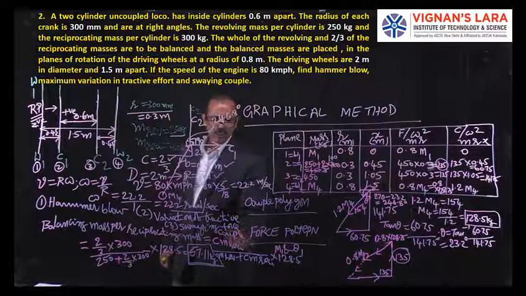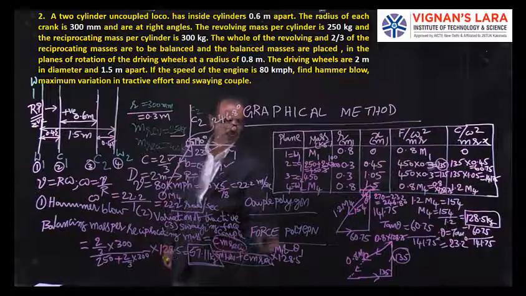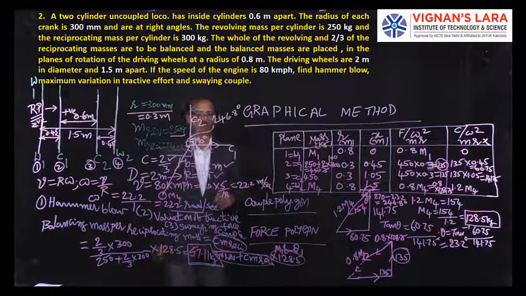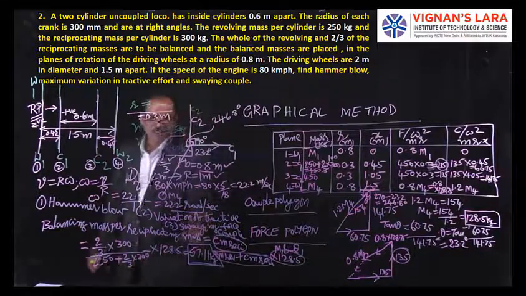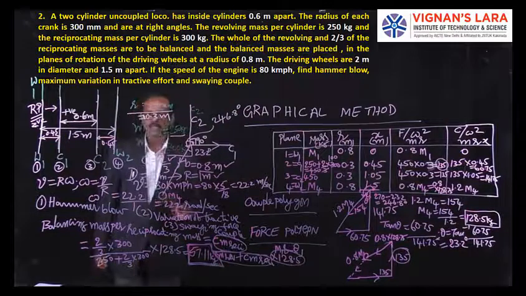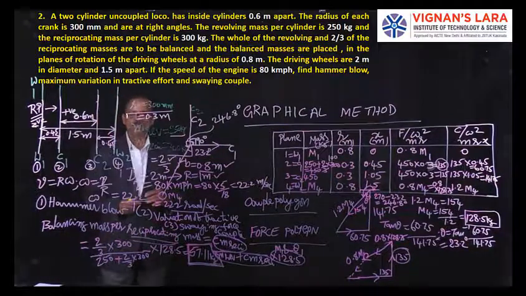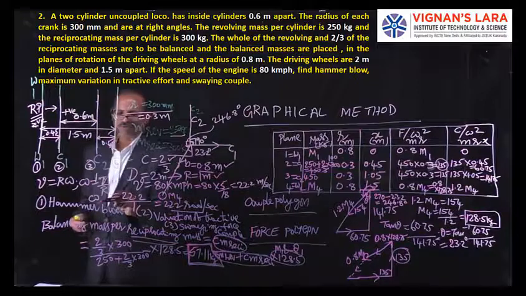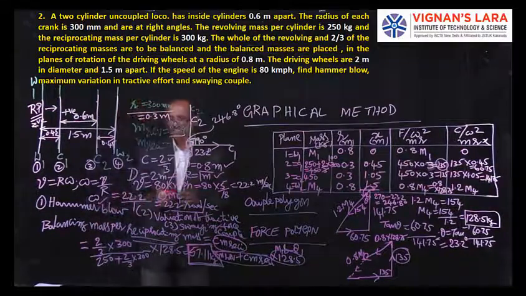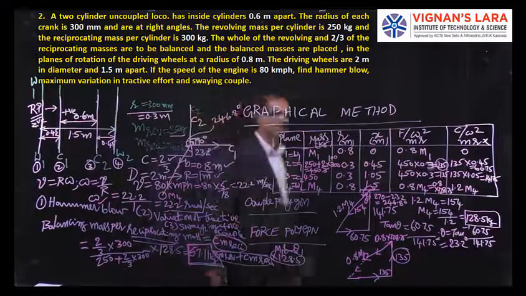This is the partial amount and this is the full amount which we are balancing, covering both reciprocating and revolving. So first we get the mass required for only the reciprocating mass. Once we get that, we can get the hammer blow, variation of tractive force and swaying couple. With the equations available, simple substitution gives the solution.